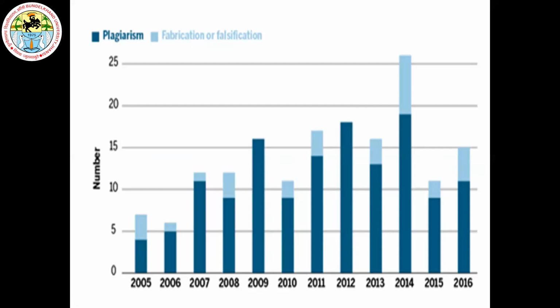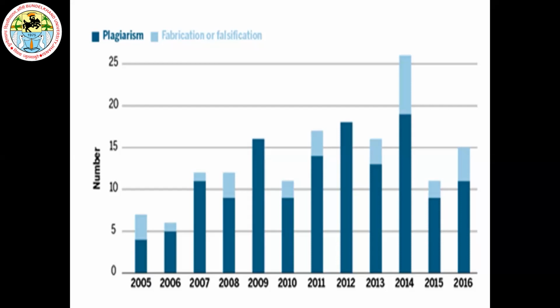The reason is that since then the software people started using became very common. Nowadays plagiarism is going down because of the use of plagiarism software by authors, and if not by authors, many good journals have plagiarism software and screen submissions, and if it is beyond the permissible level, they don't accept it.